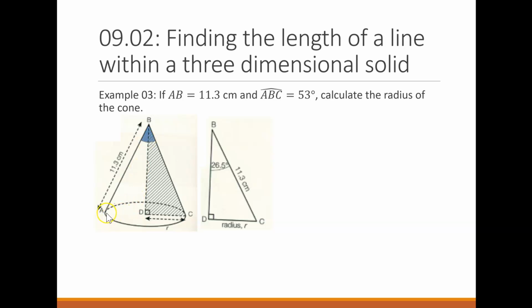So what's special about the triangle ABC? What do we call that kind of triangle? Doesn't that triangle have a special name?